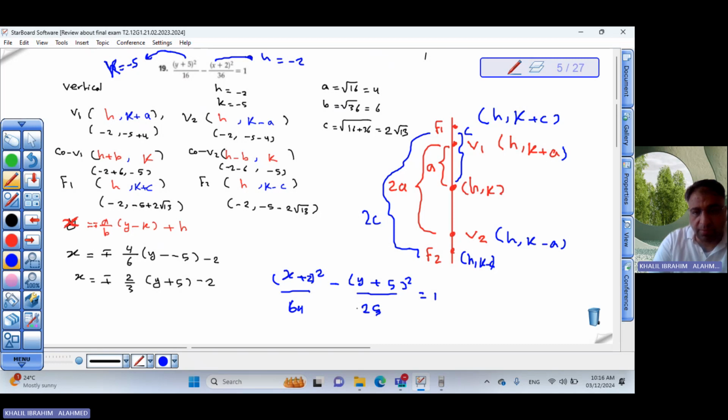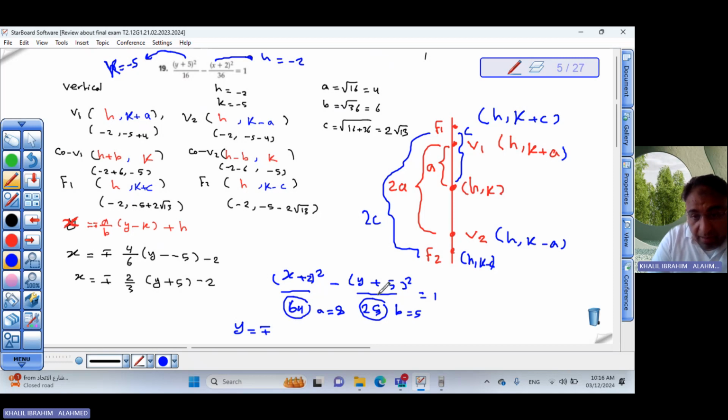This is another equation, for example, just to explain how to distinguish between the equations. This hyperbola is horizontal. For the horizontal, y equals minus plus. What comes here? This is a squared and this is b squared. B equals 5, and here a equals 8.